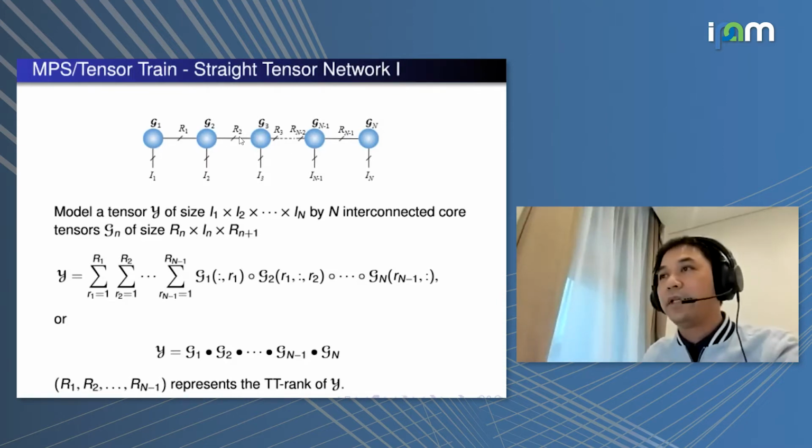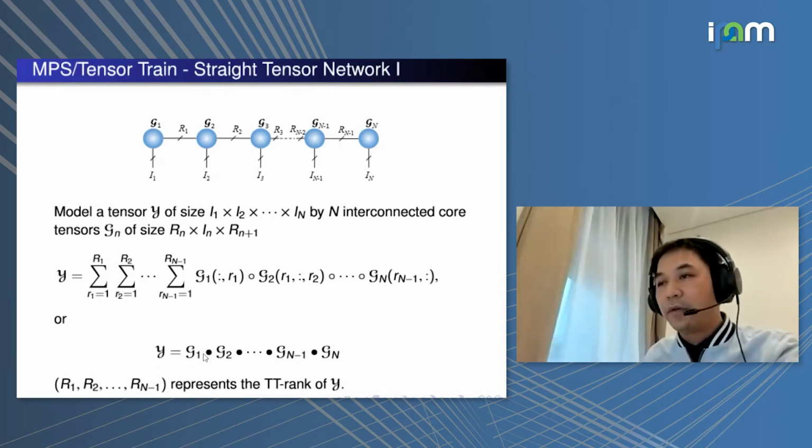The core tensors are interconnected, and we have here a simple tensor network. You can see here how the data tensor Y can be represented by a tensor train model. It is an outer product of fibers from the first core tensor, the second core tensor, to the last core tensor. And we can write here some shorthand notation.